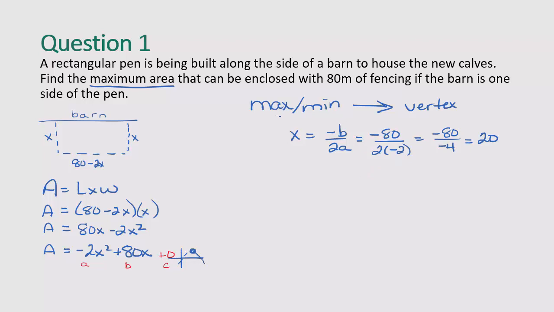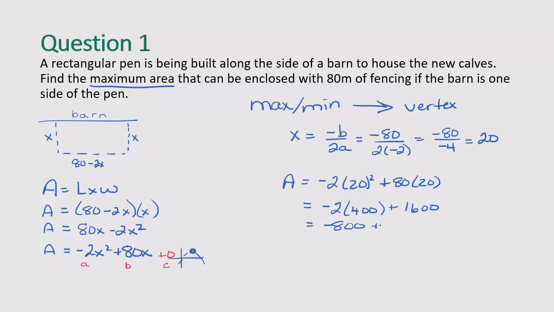I still haven't found my maximum yet because the maximum occurs with the y value. So I have to go back to my equation, find my area using the x value that I just found. So 20 squared plus 80 times 20, minus 2 times 400, plus 1600, so I get 800 for an answer there.